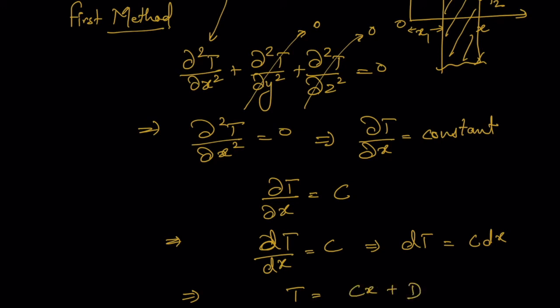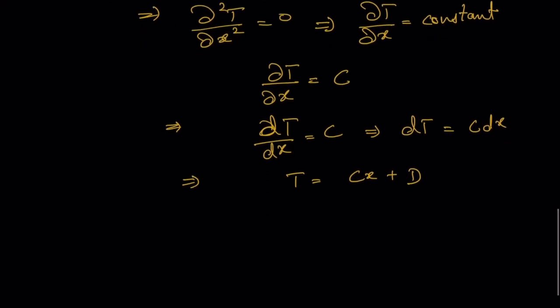Okay, so now here there are two constants. You need to find out the value of two constants, c and d. So you will apply boundary conditions. So at T is equal to T1 at x equals x1, at inner surface, leftmost surface is x equals x1.